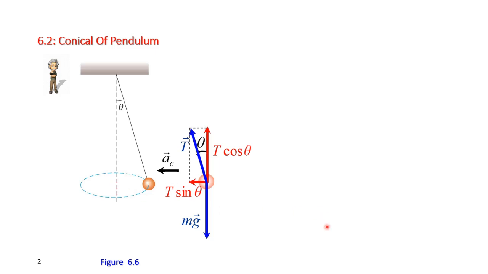The next step is to fill in what is in the box, which contributes to mv squared over r, or equals Fc.